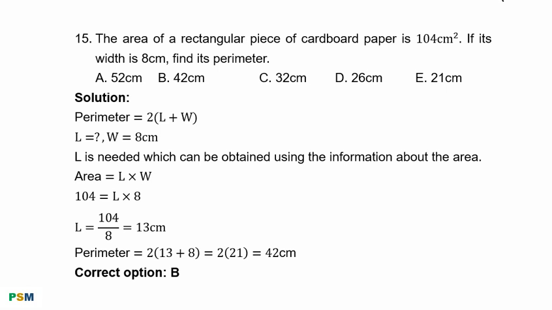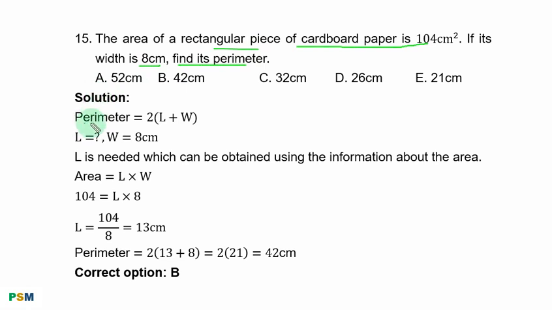Question 15. The area of a rectangular piece of cardboard paper is 104 square centimeters. If its width is 8 cm, find its perimeter. Solution.